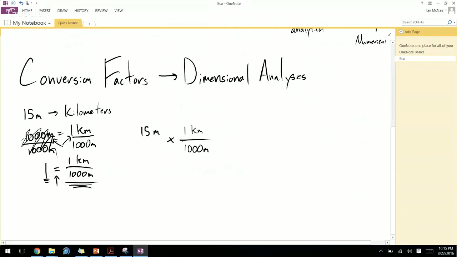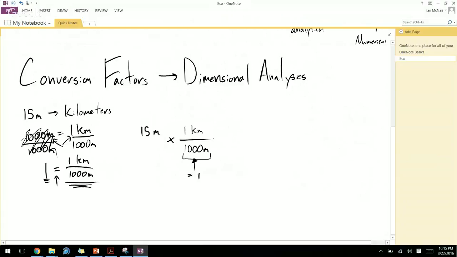What's really happening here is we know that this factor right here is also equal to 1. So when we're doing dimensional analysis, when we're converting between units, we're really just multiplying by special conversion factors that really just represent the number 1.